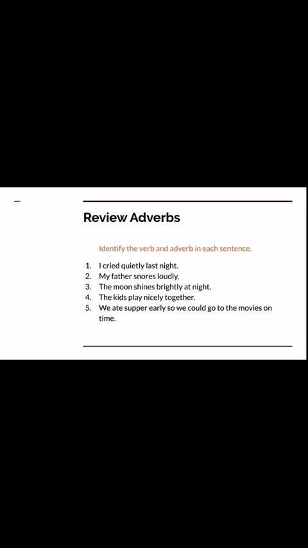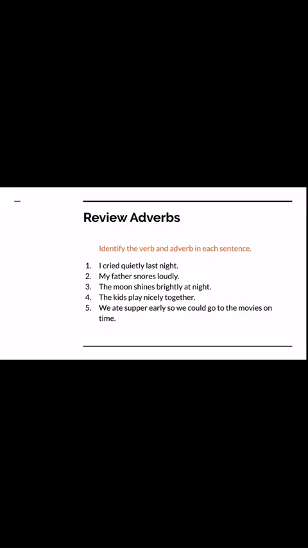The moon shines brightly. Okay, number 4. The kids play nicely together. What is the verb in that sentence? Action word. All right, if you said play, you are correct. Now, what is the adverb in that sentence? Adverb is nicely.